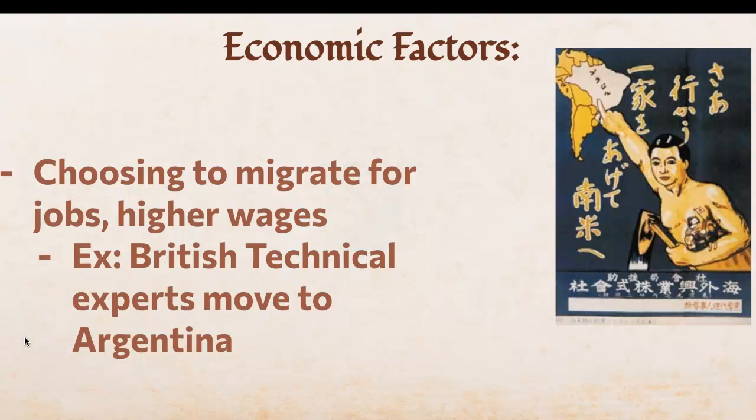This depicts a Japanese man pointing to Brazil on a map of South America, and the Japanese loosely translates to "we need to go there to find work." And really this was a propaganda poster, a way to encourage Japanese citizens to move to South America to get job opportunities there.